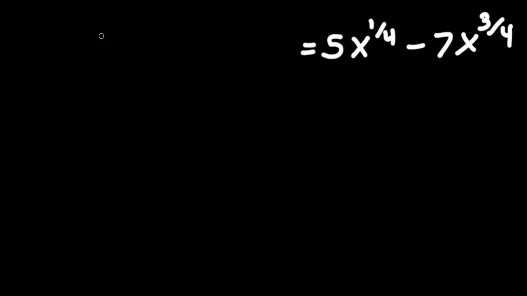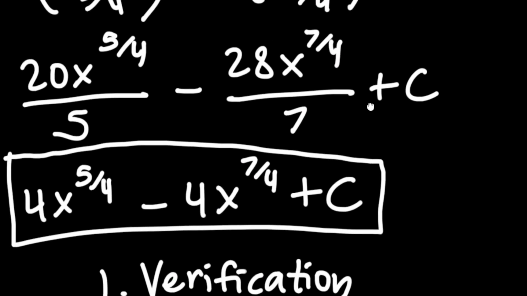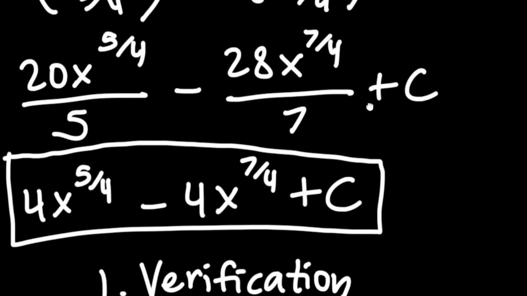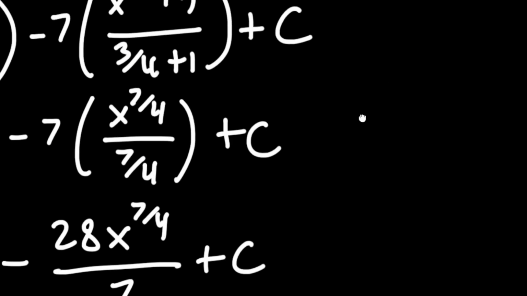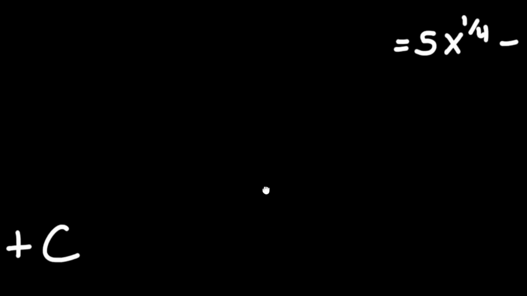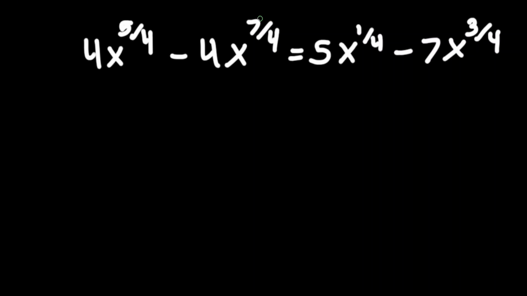And for our answer, we have 4x raised to 5 fourths minus 4x raised to 7 fourths plus C.